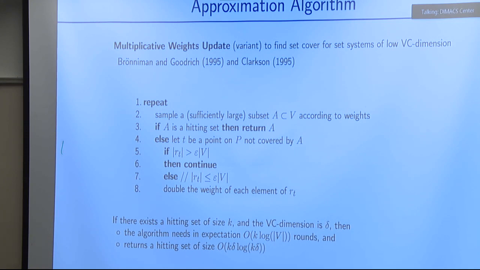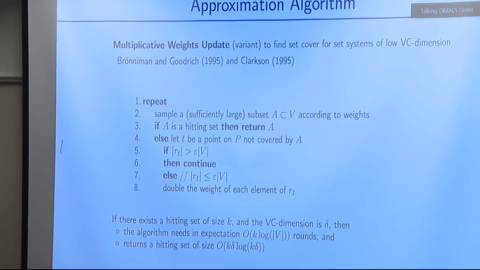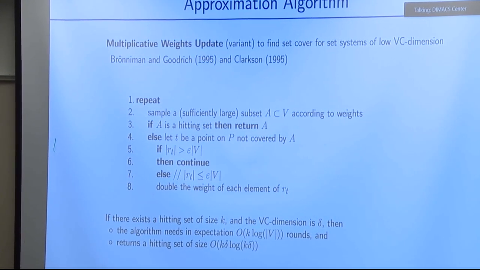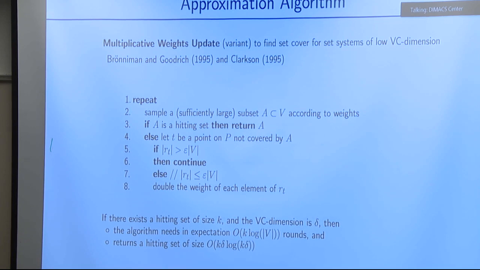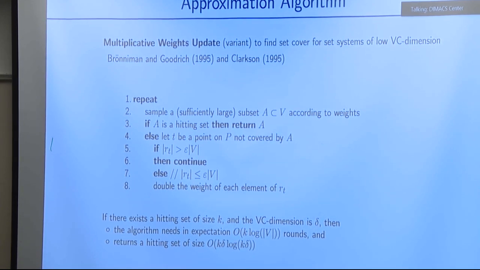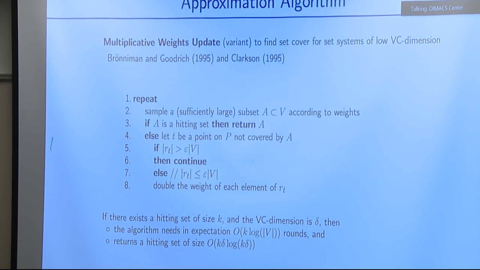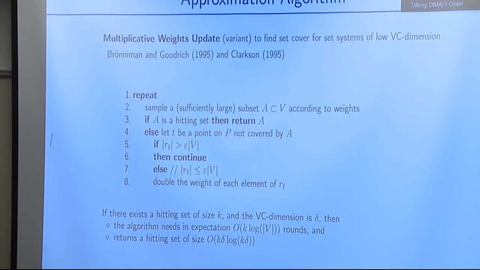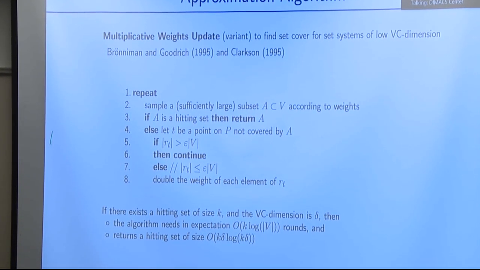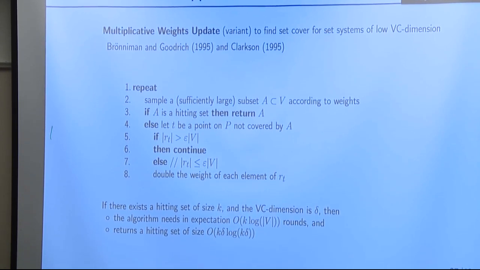What we do is the following. We compute an epsilon net, which we can do by sampling. Then we check if there is a set that is not hit. If it's really an epsilon net, then any set that is not hit must be small. It must have a size fraction of at most epsilon.